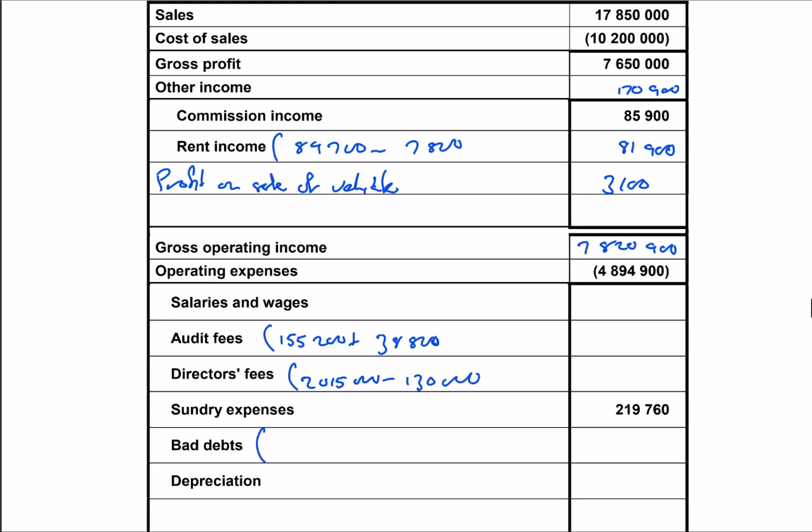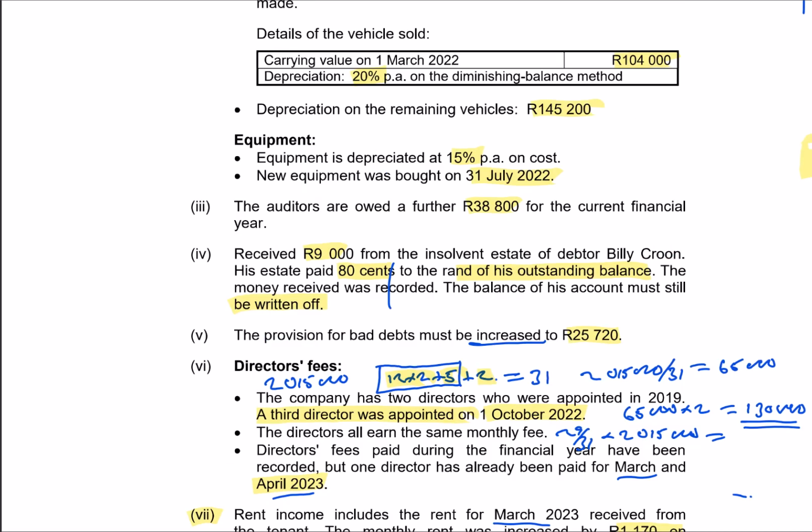Some expenses were given. Paid debts, we have this that we're going to work out now. Right, the paid debts that need to add there, right, because the person received 80 cents in every 1 rand, right, and the total amount they received was 9,000. So I want to calculate the 20 cents. So to find out the 20 cents, basically say 20 that was not received over 80 that was received times 9,000.